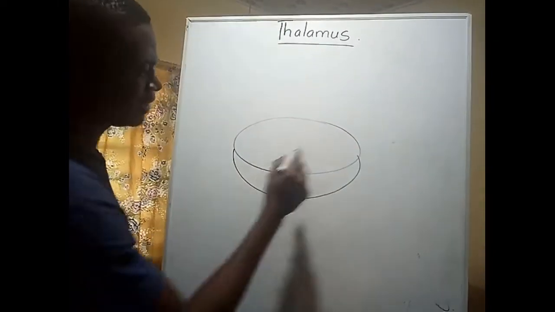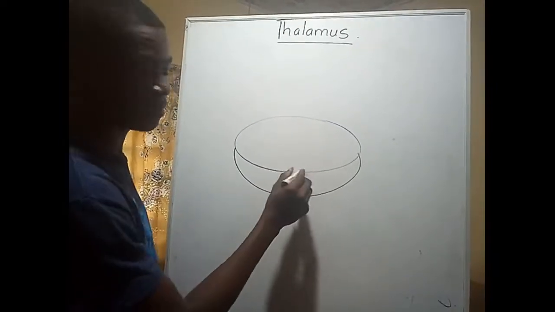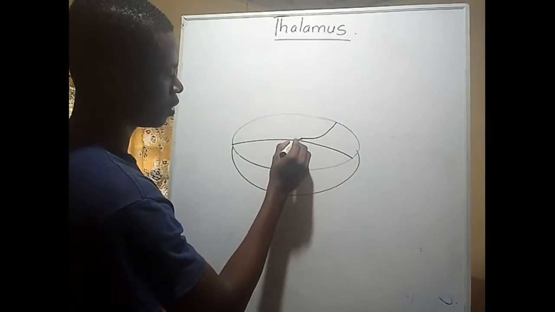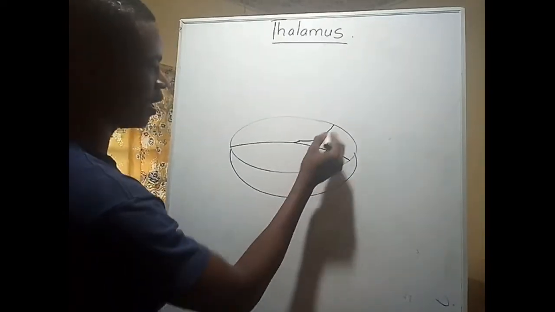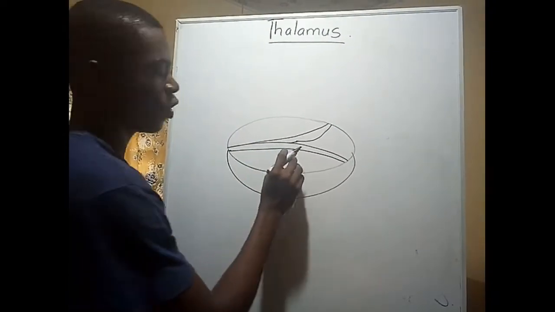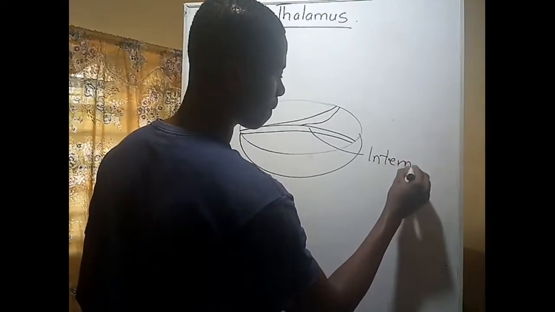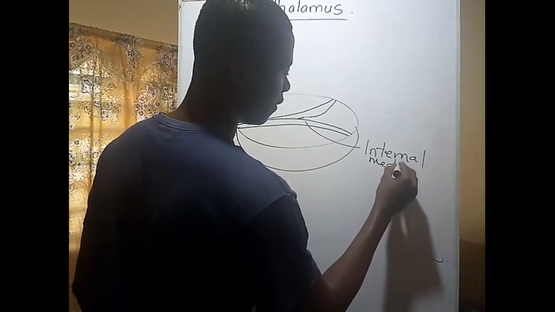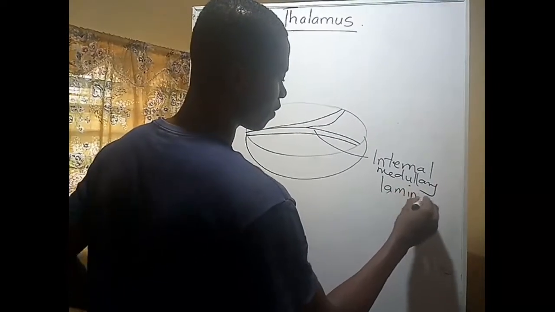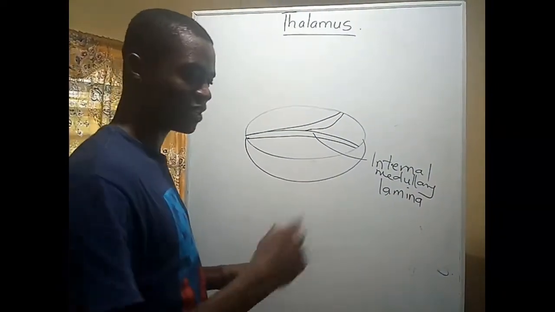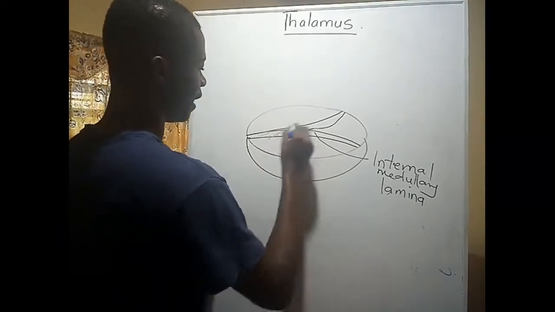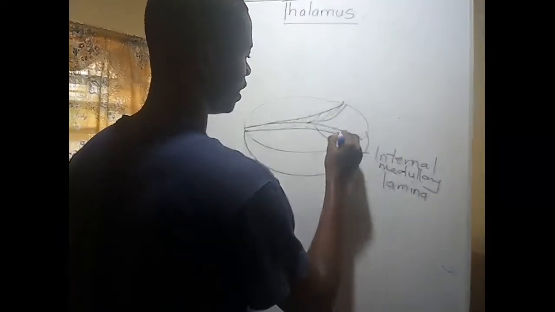Now, the thalamus is divided into sections by a Y-shaped structure, which we call the internal medullary lamina. The internal medullary lamina: just remember a Y-shaped structure that divides the thalamus into three main zones.